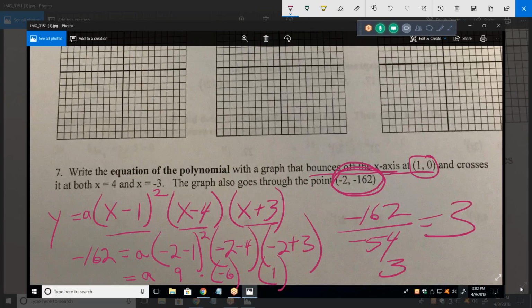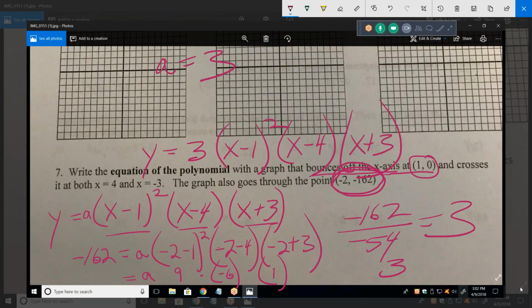So A is 3, and our equation is 3 times x minus 1 squared times x minus 4 times x plus 3.